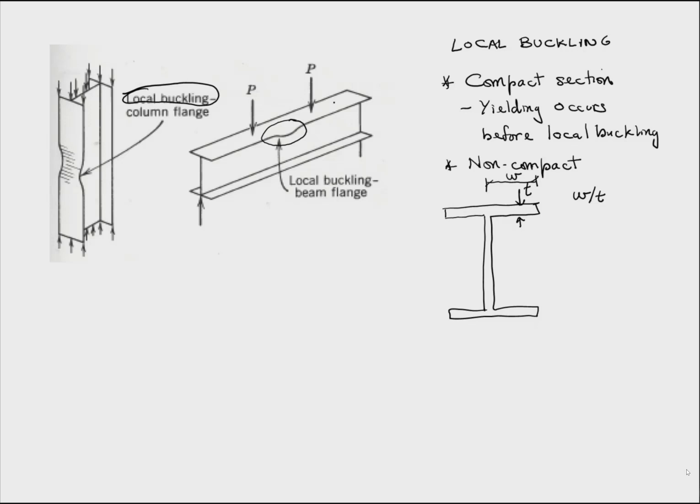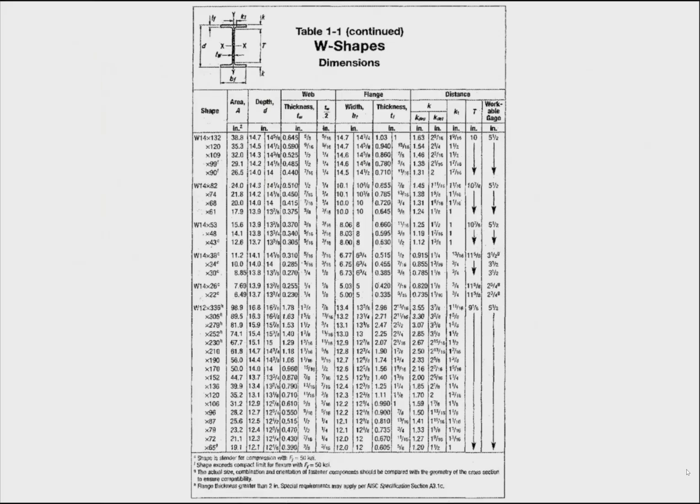The larger the W over T, the more likely there is to be local buckling. So if we look at this table in the AISC manual, we see, for example, the W14 by 99 has a superscript F, which says the shape is not compact. So there are some sections that are not compact. That has to do with local buckling.